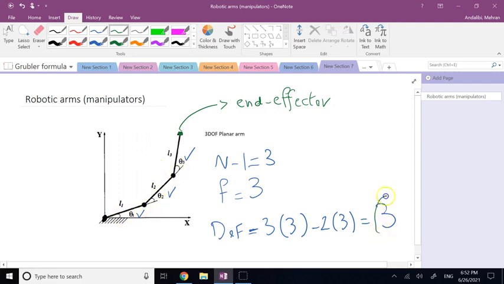So I need 3 inputs to have 1 output. Once I know these 3 inputs, then I can have the motion of the end effector, the speed of it, acceleration, whatever it is, the velocity components. So the more degrees of freedom your system has, the more inputs you need to provide to determine everything, to know your specific outputs.